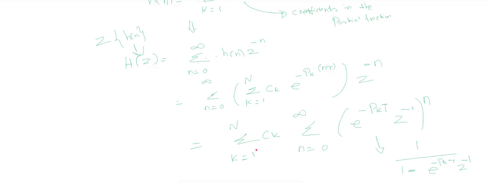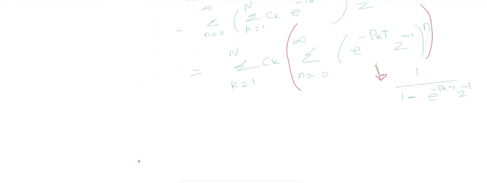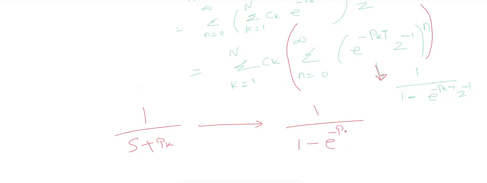So 1 by s plus pk is transformed into 1 by 1 minus e power minus pk T into z power minus 1.